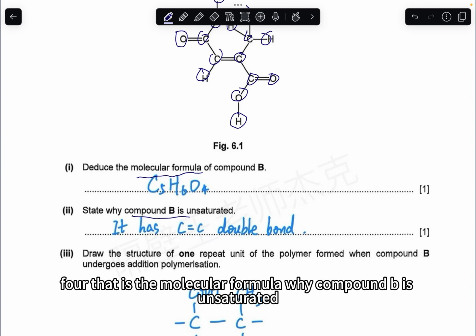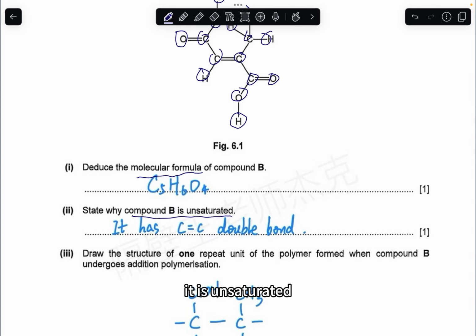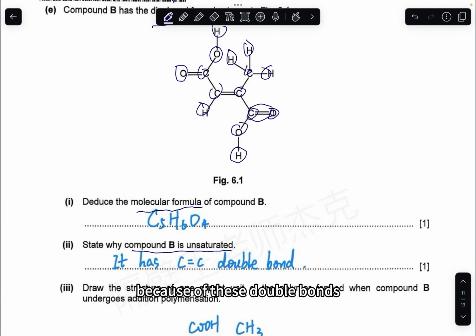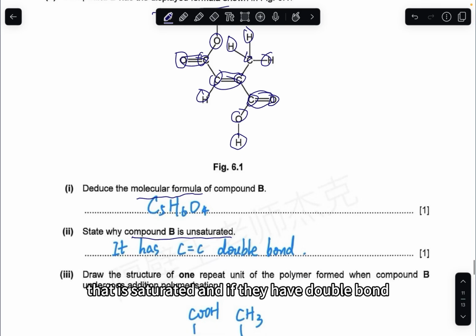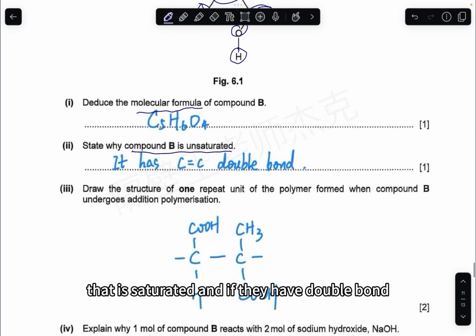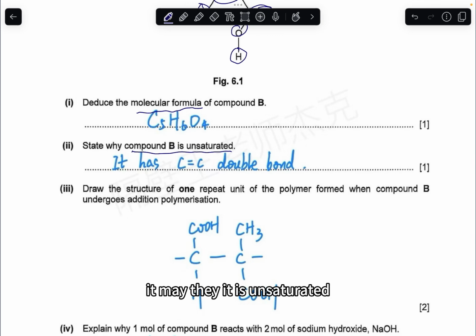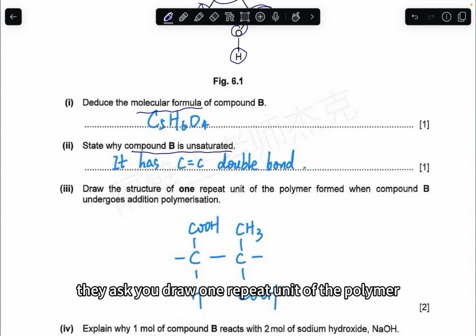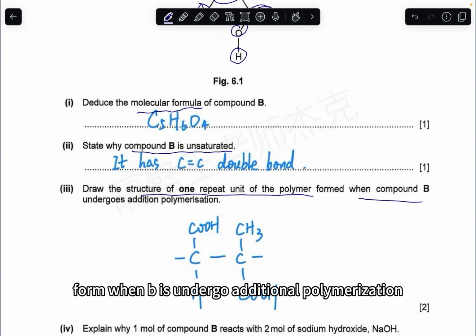Why is compound B unsaturated? It is unsaturated because of these double bonds. If a compound has all single bonds, it is saturated, and if it has double bonds, it is unsaturated. They ask you to draw one repeat unit of the polymer formed when B undergoes addition polymerization.